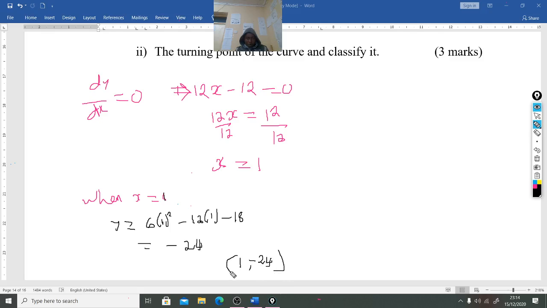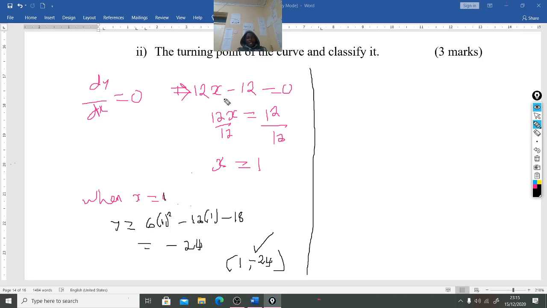So the first thing was to find the turning point. Then from there, you classify that turning point. Remember, we said that to classify whether it's a maximum, minimum, or a point of inflection, we can use the second differential. But if you differentiate the second time, you get just a whole number 12, and you cannot substitute the dy over dx.